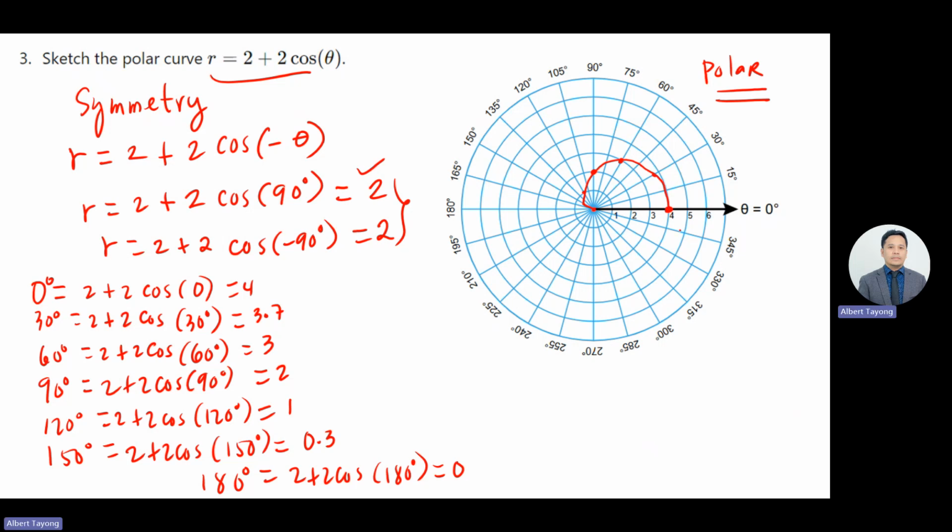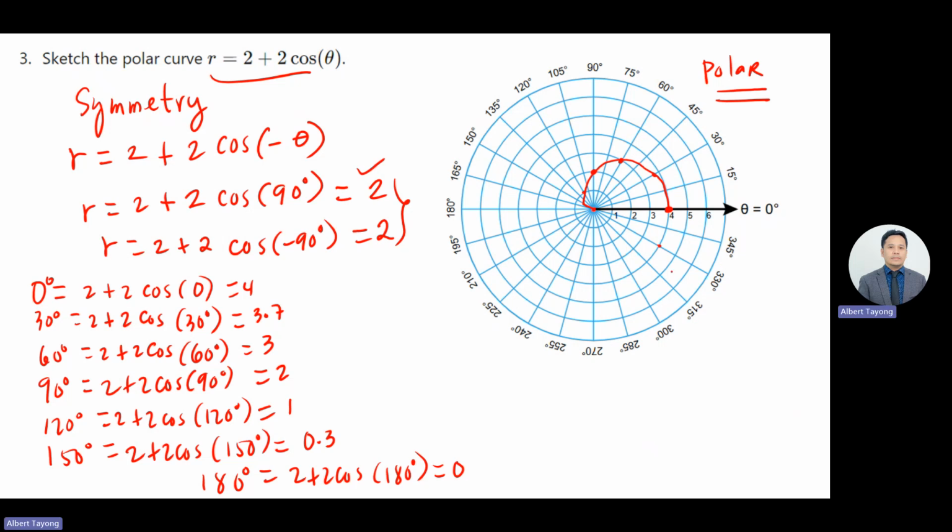So since it is symmetric, it will be actually like a mirror here below. So that means the next here will be opposite of 30 degrees. Okay. So this is 345 actually here. That's 15. So it will be here. And then the next one is, so we have 30 here.